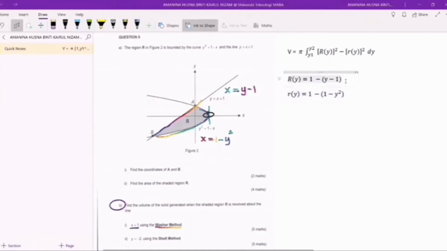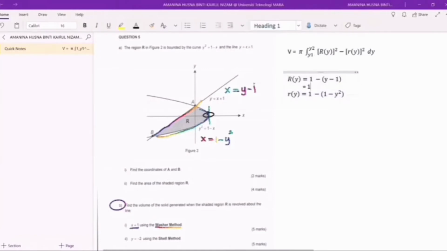So we need to simplify first. 1 minus y minus 1, then it should be negative y plus 2.